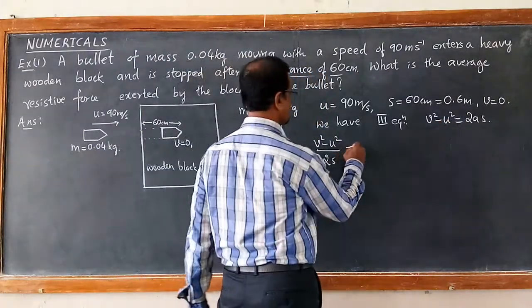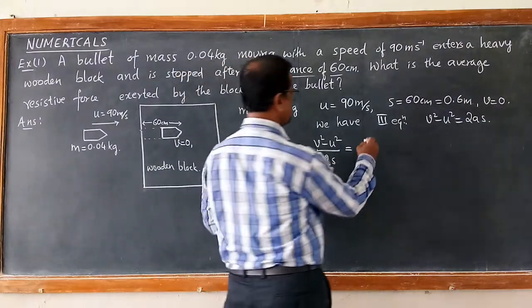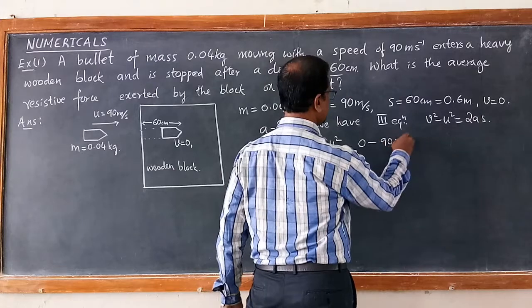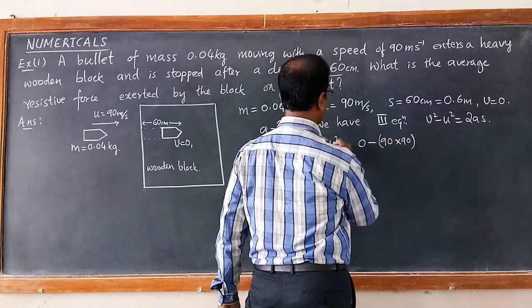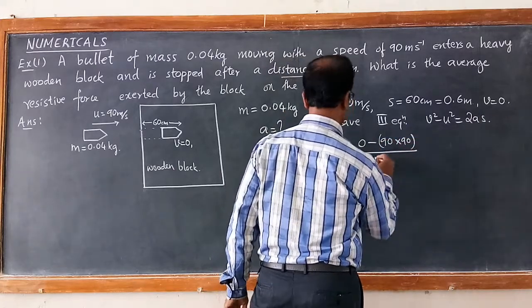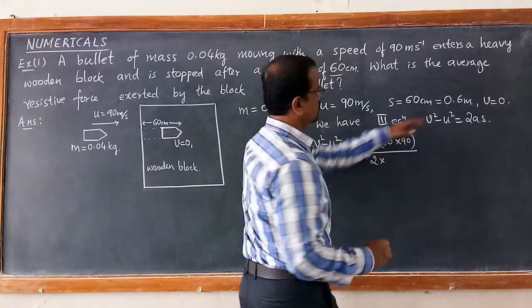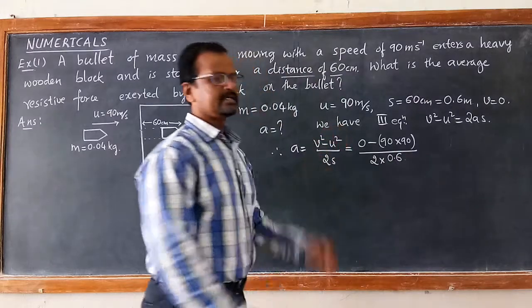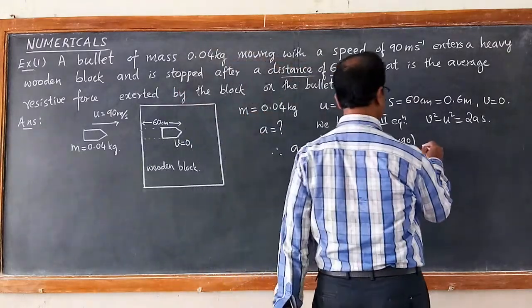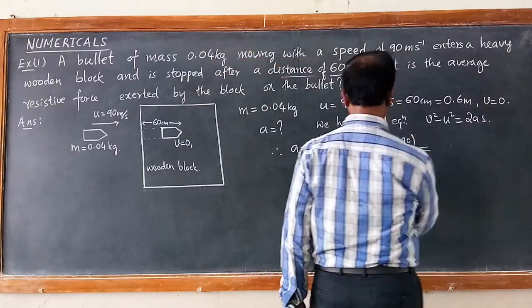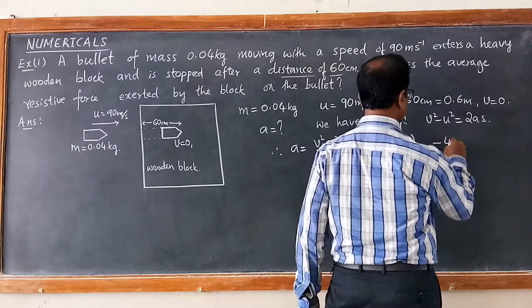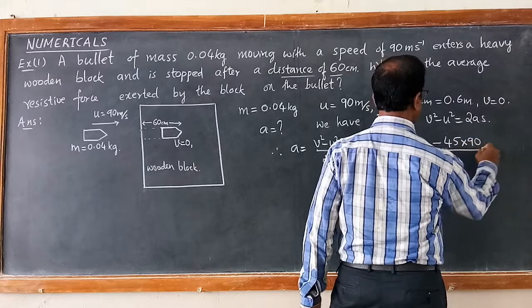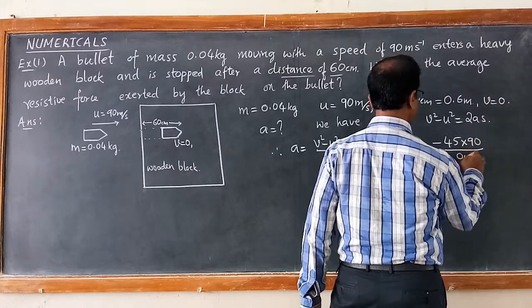Substitute the values. v is 0, u is 90 meter per second, so I can write it as 90 into 90, that is u square, divided by 2 into distance 0.6. Now you can simplify this. 2 ones are 2, 45s are 90, so it becomes minus 45 into 90 divided by 0.6.